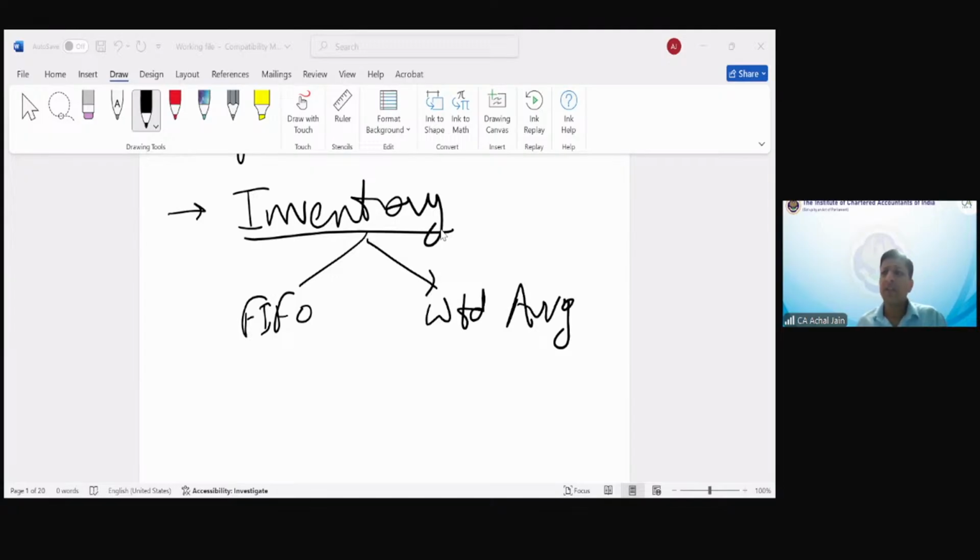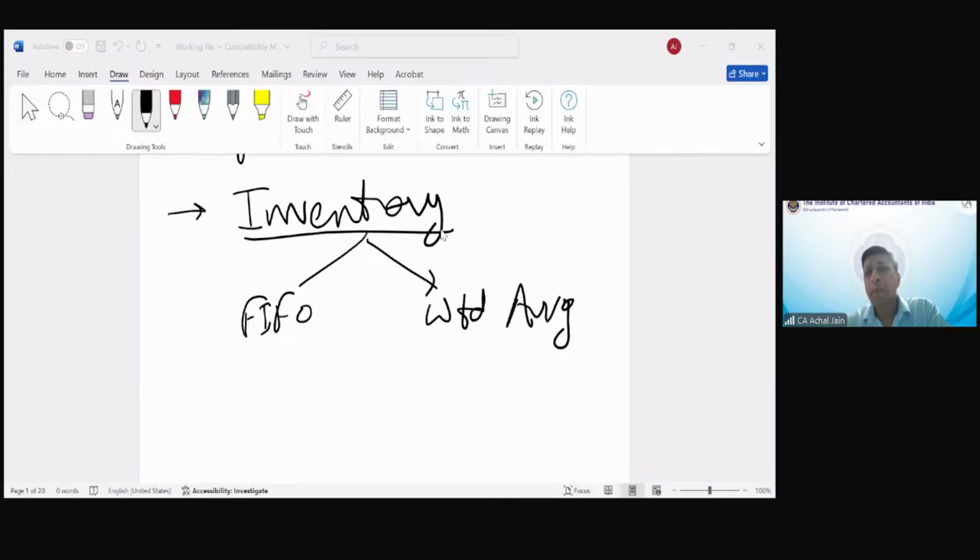The numbers which the users will be looking at, the comparisons, the analysis that they will be doing, that will be missing. So that's why any accounting policy is required to be followed in a consistent manner. Year on year, changes should not be there in respect of accounting policy. Clear?